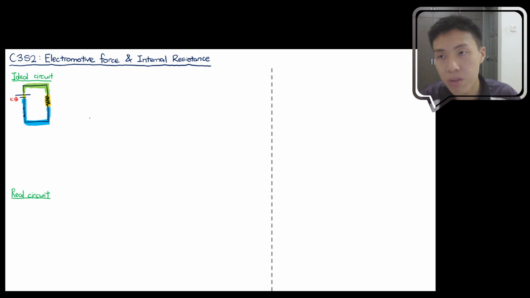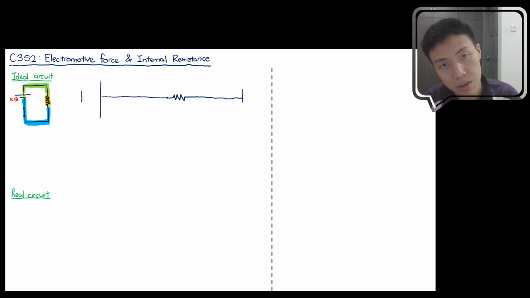So I'm going to open up this circuit and draw it something like this: a negative terminal followed by a positive terminal, and this will be the path traveled by the charge. At some point you encounter the resistor, then you continue its journey until you reach the end over here.